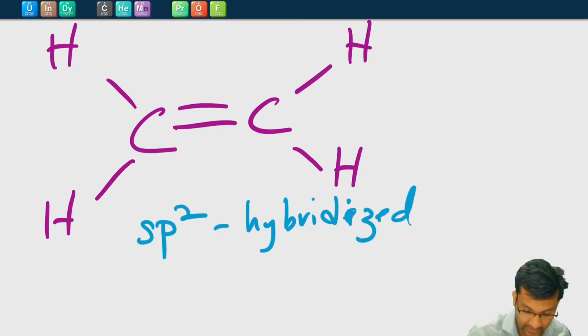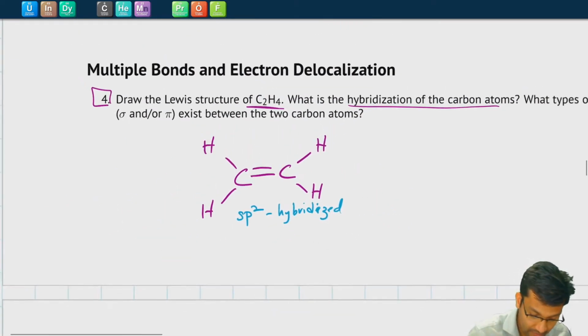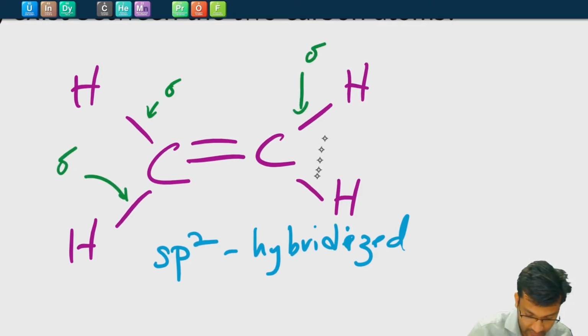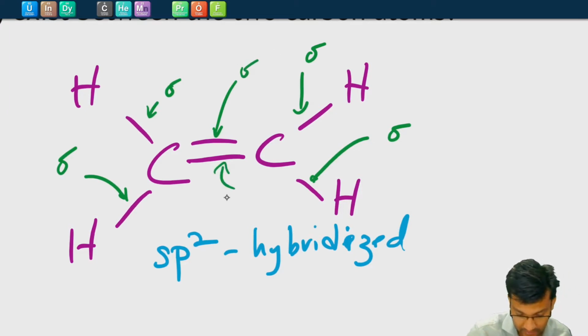And we learned from valence bond theory that for sigma and pi bonds, let's use green, all of the single bonds are going to be sigma bonds. Also a sigma bond. The first of the double bond would be sigma, the second would be a pi.